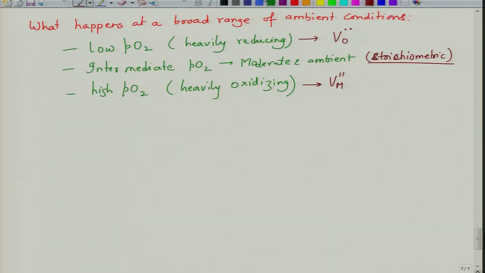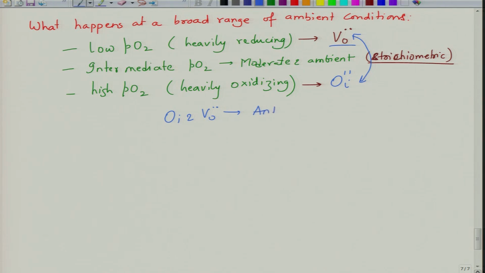So, let us say, in this case, instead of Vm, let us consider OI. So we consider OI and VO. The dominant defects are oxygen vacancies and oxygen interstitials. When you have this kind of oxygen interstitial plus vacancy of oxygen, for them to go in tandem across various ranges of oxygen pressures, the combination of OI and VO gives rise to what kind of defect?